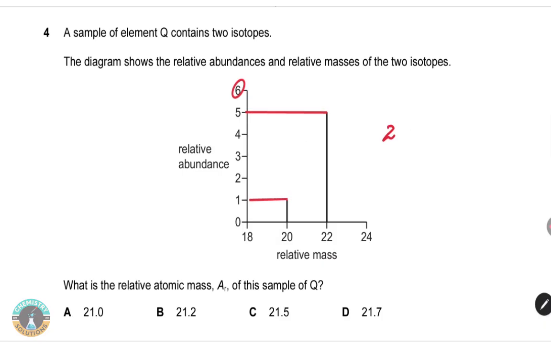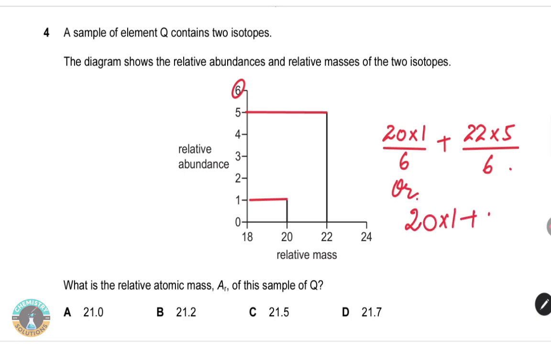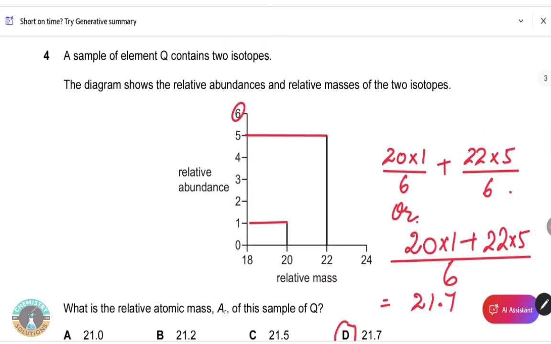We can write it like this: 20 multiplied by 1 plus 22 multiplied by 5, divided by 6. The answer will be 21.667, and if you round it off, the answer will be D, that is 21.7.